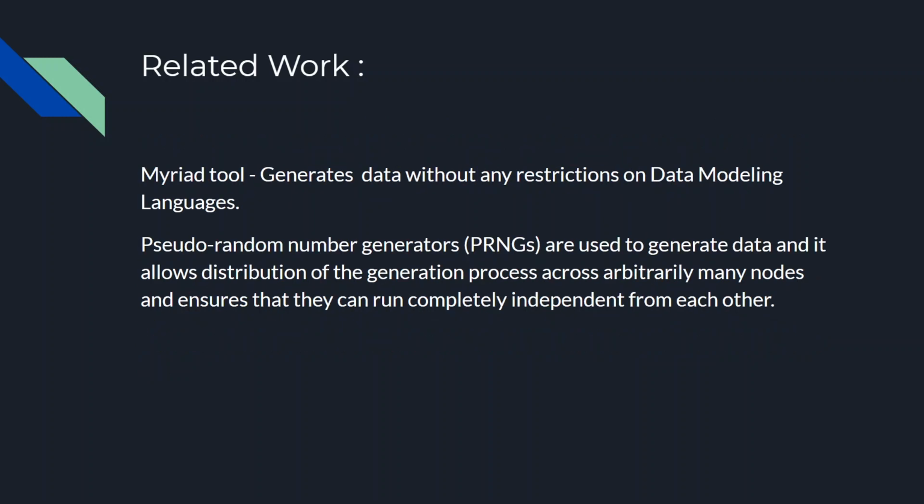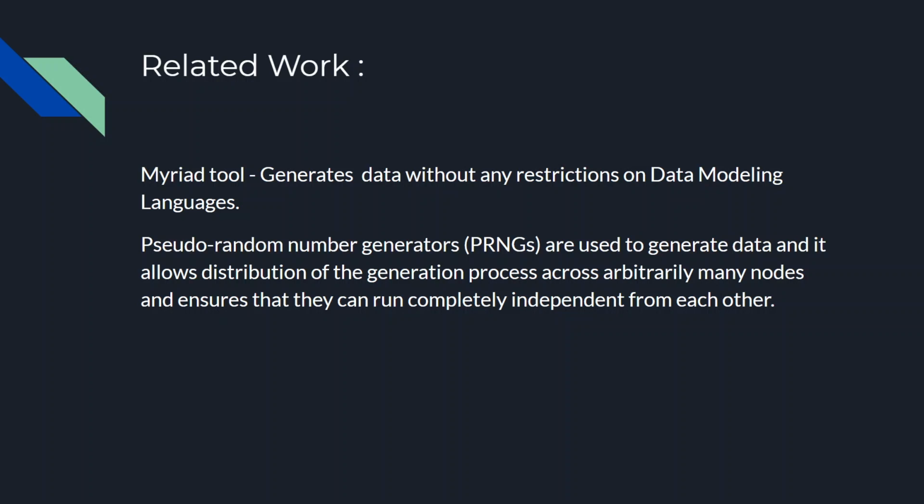The other tool they are using is MyWrite. The advantage of this tool is that it imposes no restrictions on the data modeling language. This tool generates data by using rich data generator programs that can be executed in parallel, linearly in a shared nothing environment.